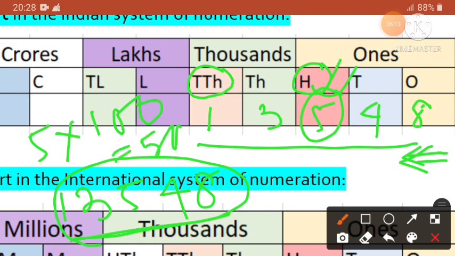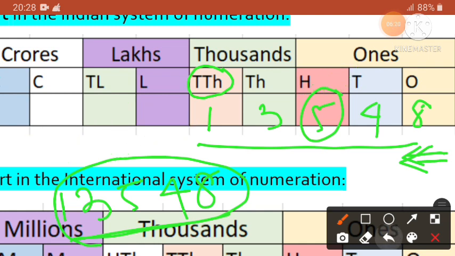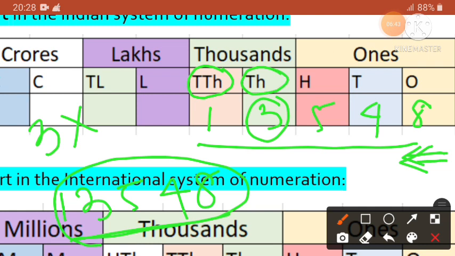So the place value of 5 here is 500. Next, if we want to find the place value of 3 here, we know place value equals face value multiplied with place of the digit. The face value of 3 is 3, multiplied with the place of the digit, which is 1000.